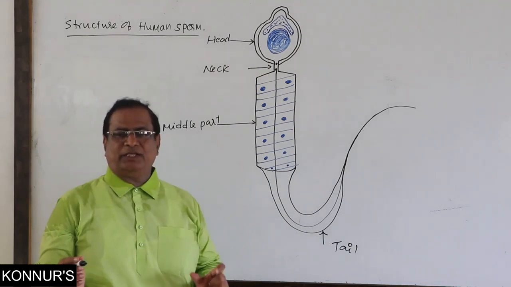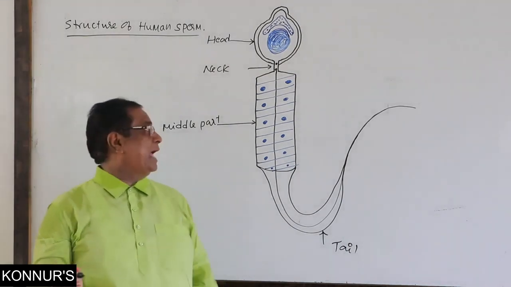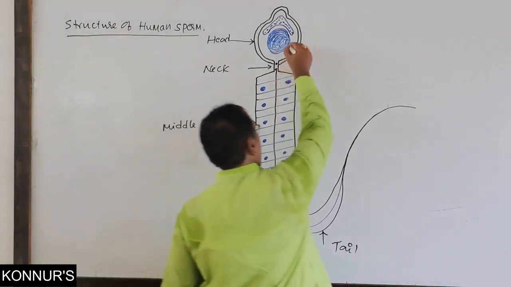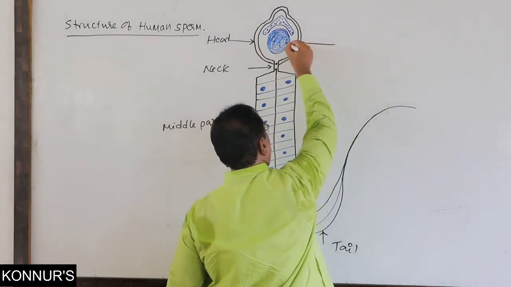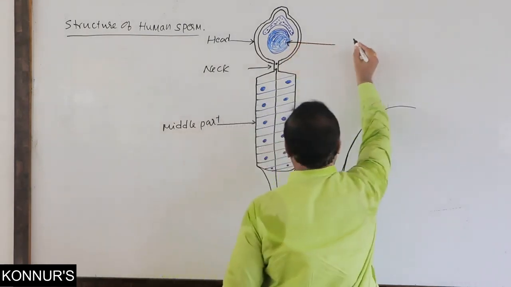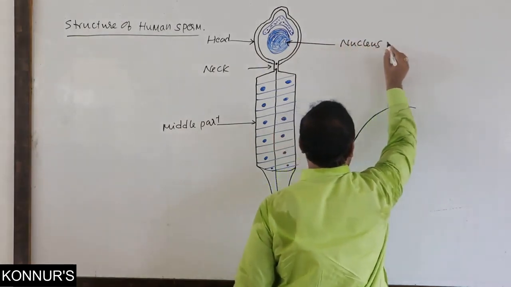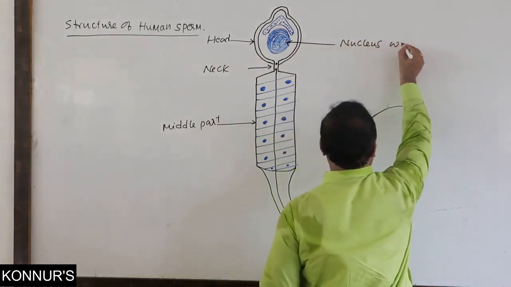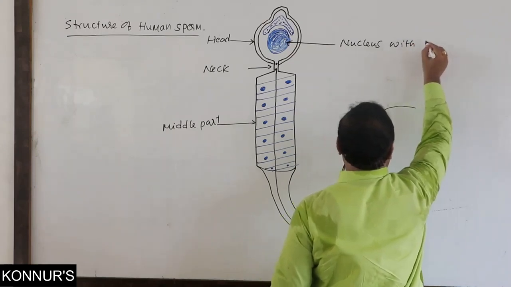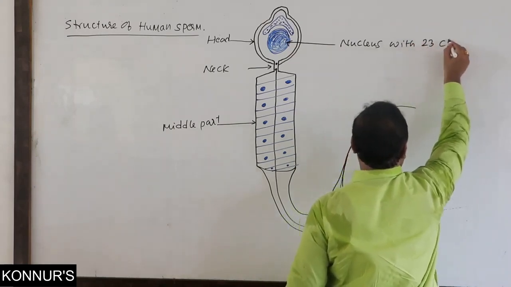Head is globose and is having a prominent nucleus, a large prominent nucleus with 23 chromosomes.